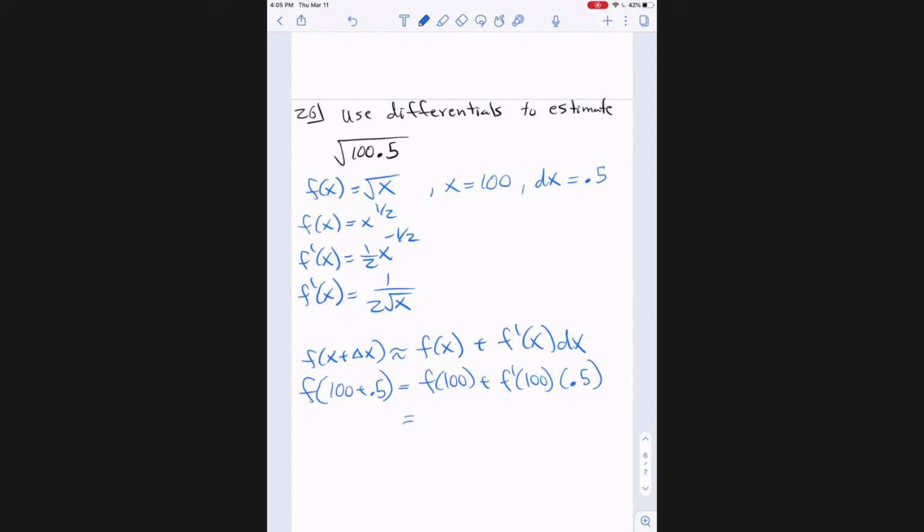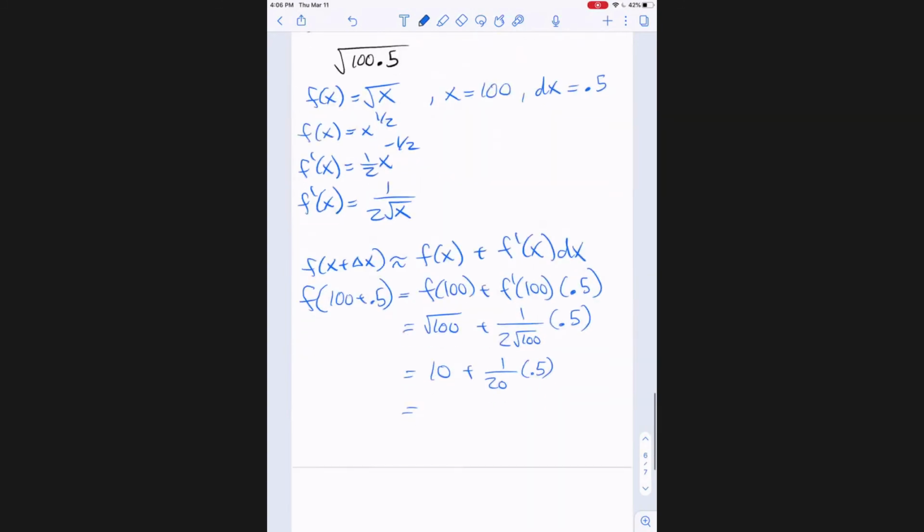So f of 100, that's square root of 100, plus f prime of 100, that's 1/2 times the square root of 100, then times 0.5. It's 10 plus 1/20 times 0.5. You can just get out your calculator.